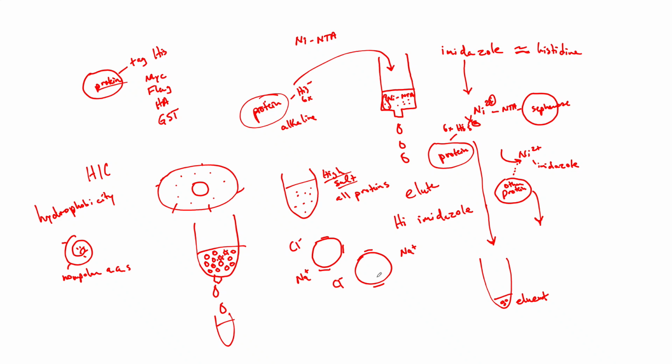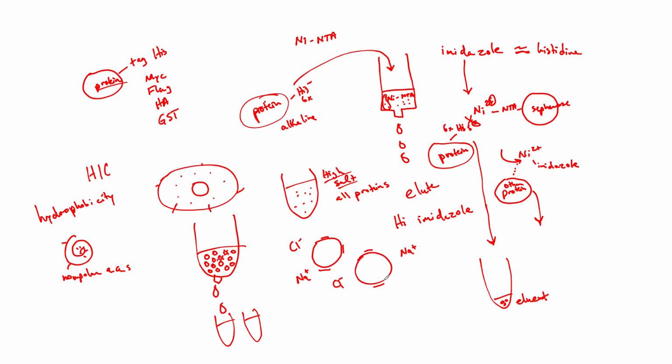And so if we just drop the salt concentration a little bit, this one won't stick; this one will be the first to leave the column and drip out into our tube. Then if we add another solution of salt that's a little bit lower in salt concentration, then that may be enough to allow this guy to be released from the hydrophobic column, and we can release that into a second tube. And so what you can do is separate these 2 proteins that have different amounts of hydrophobicity on their surface by gradually decreasing the salt concentration.